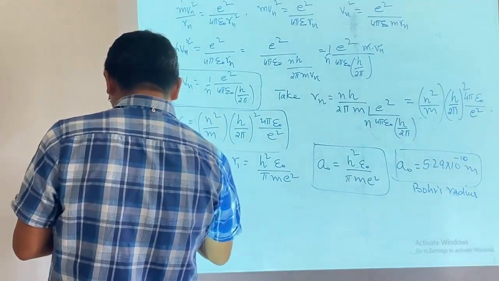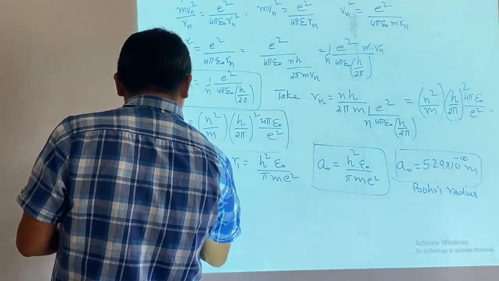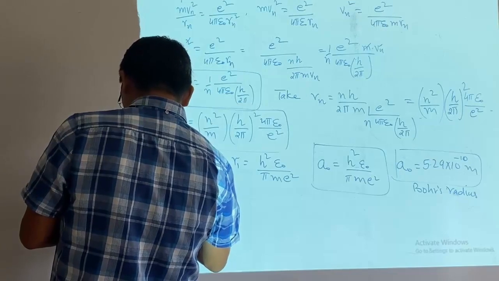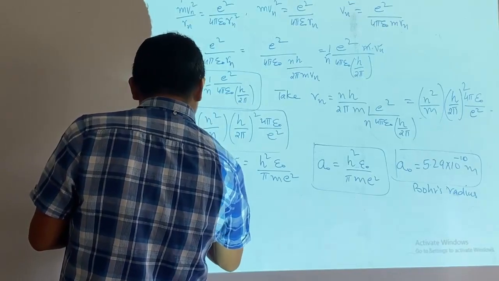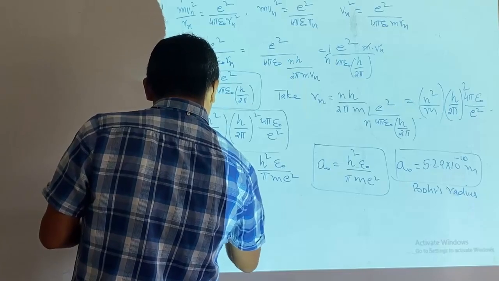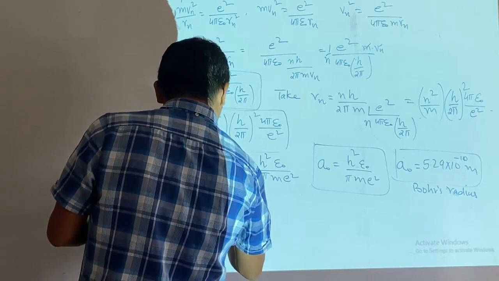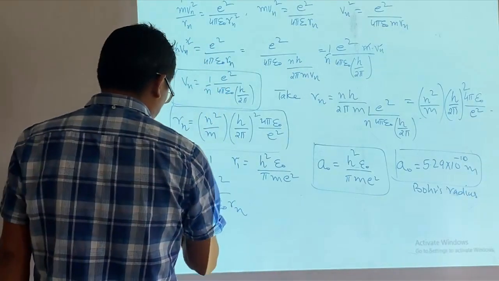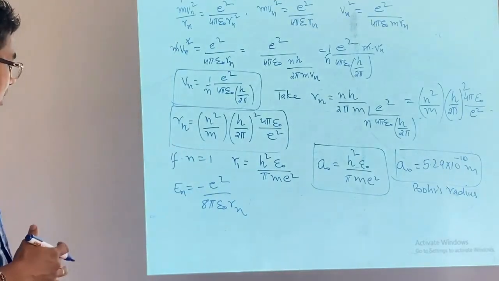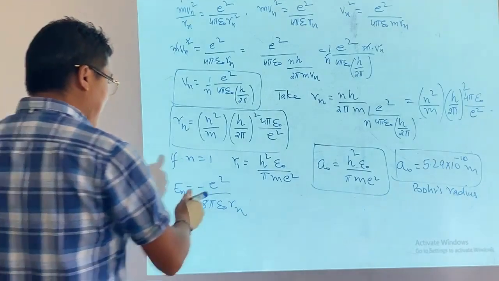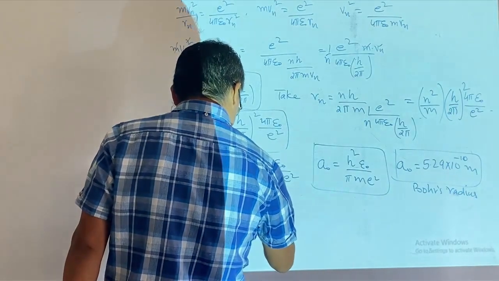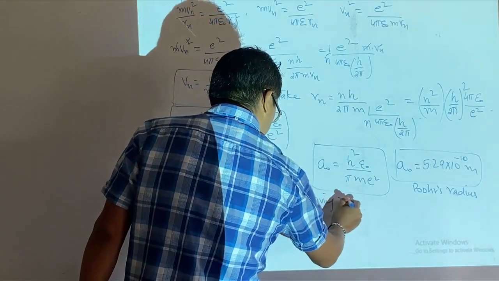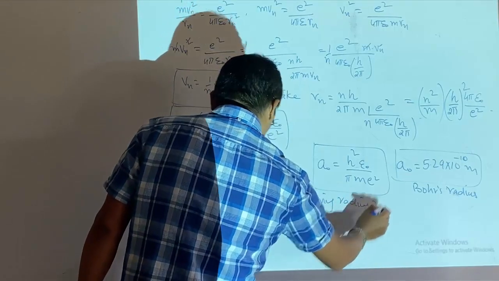We say that E is equal to minus e square divided by 8 pi epsilon naught Rn.